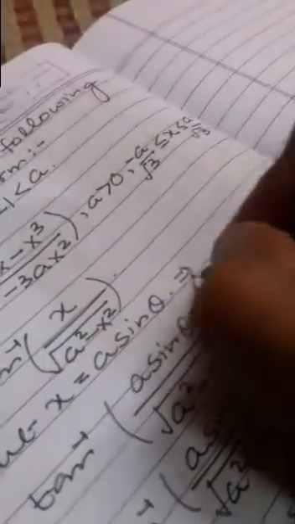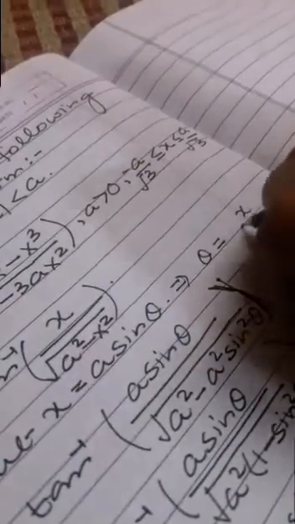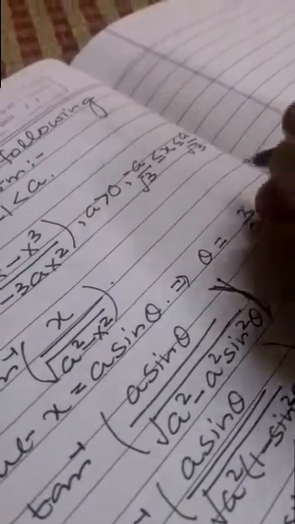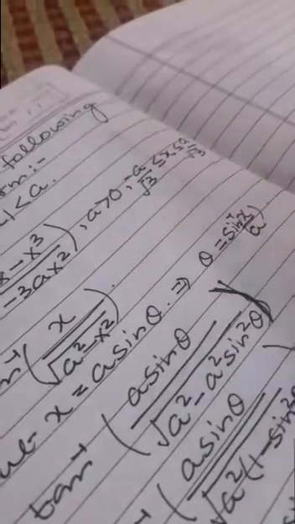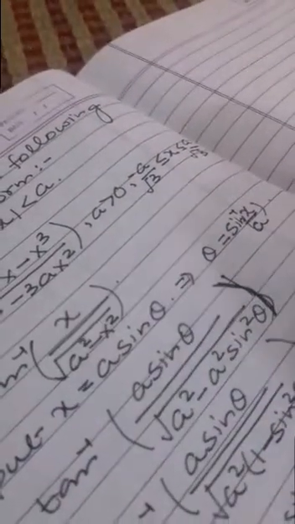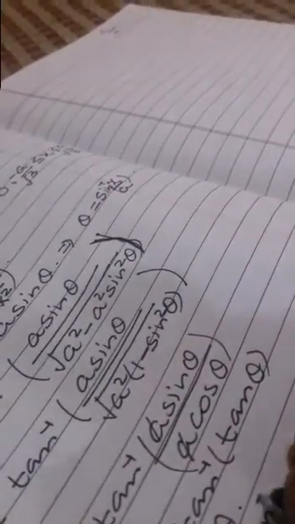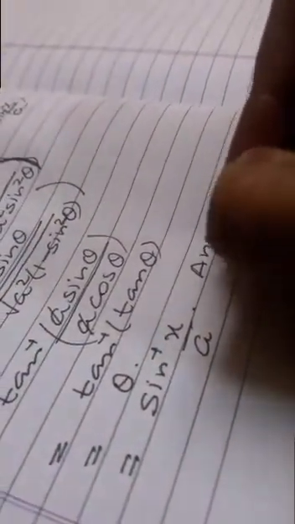So this becomes theta. And what is theta? Theta is sin inverse x upon a. Okay, so this is equal to sin inverse x upon a, and this is the answer.